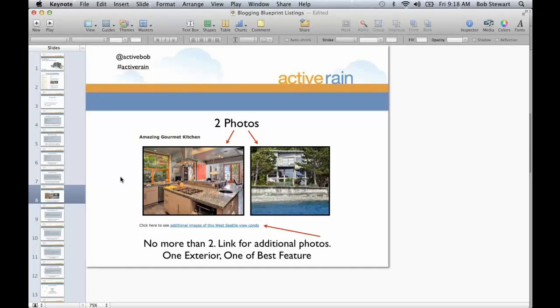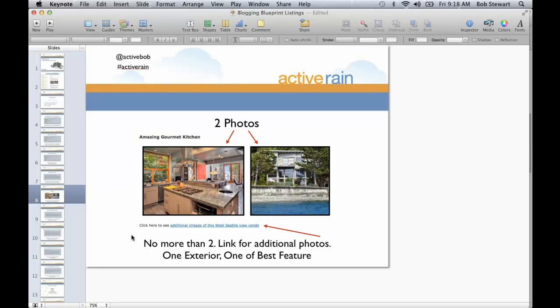More photos, I guess, would be better, but we want to use this as an opportunity to potentially drive them back to our listing on our website, right, for more lead capture opportunities. And so right here below the photos, we're going to have a link that says click here to see additional images of this West Seattle view condo.